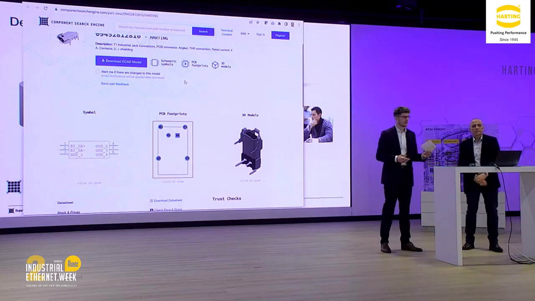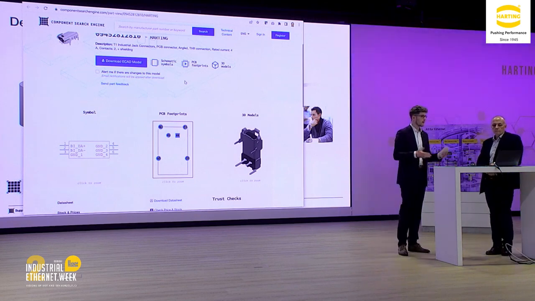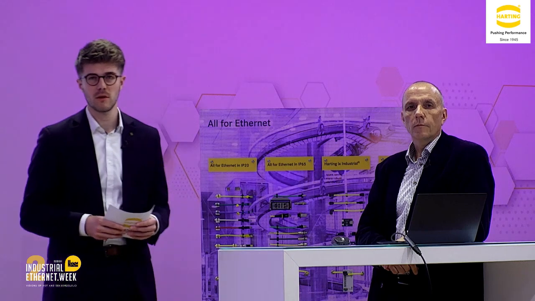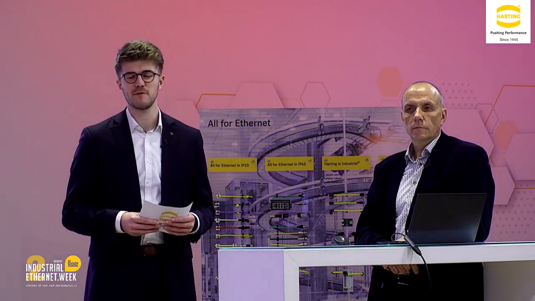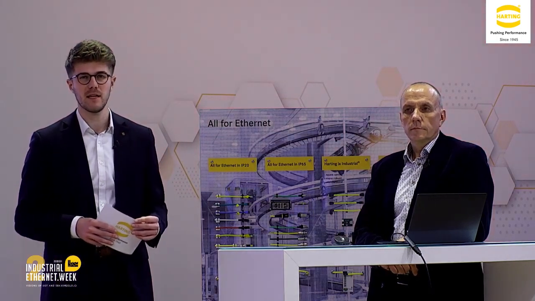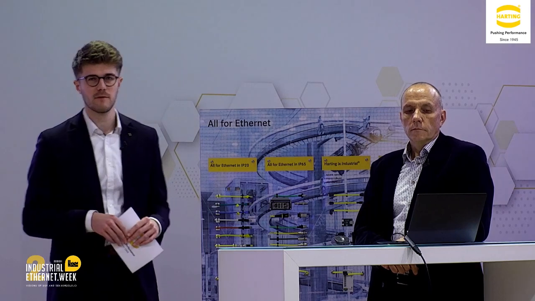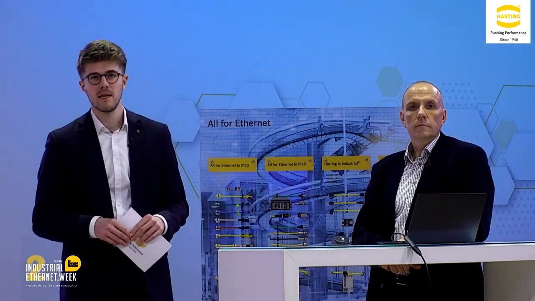Okay, so Uwe, thank you for showing us the different ways where the customers can download the data. Another important piece of information, from my point of view, is for how many HARTING products the data are available. When we're looking at the ECAD data for PCB design, then we are offering ECAD models for more than 5,000 products.